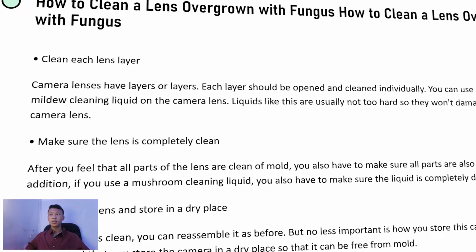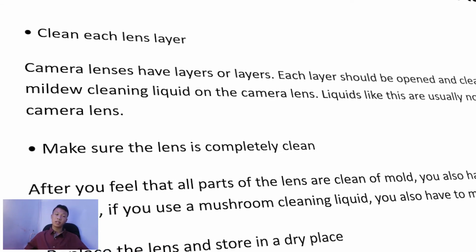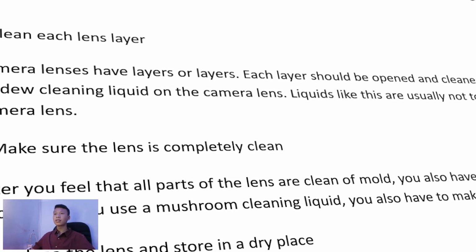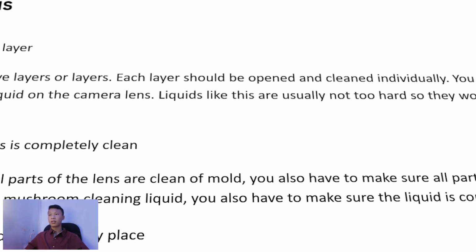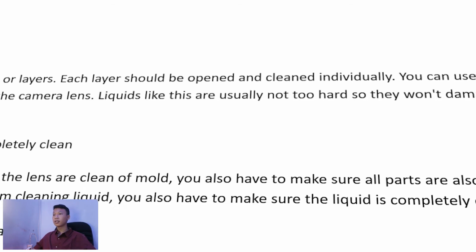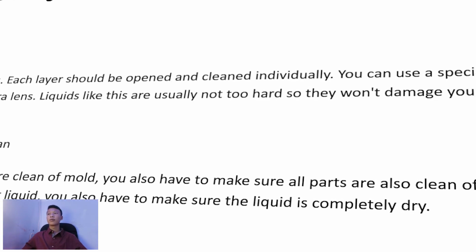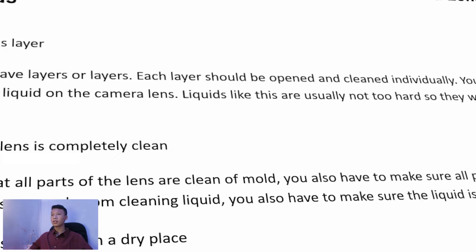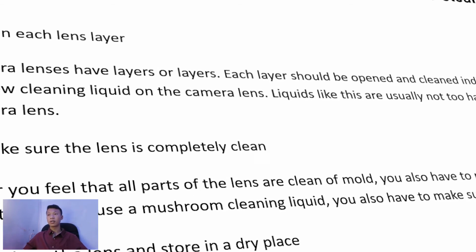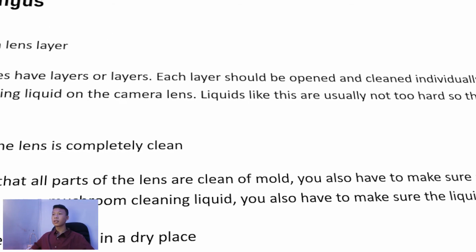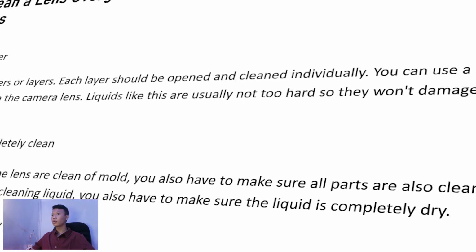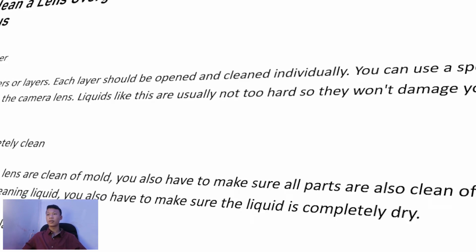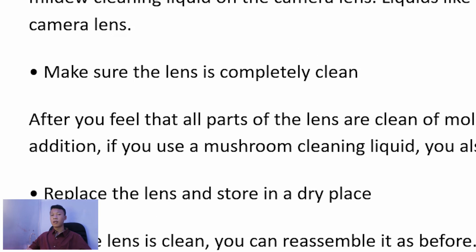Third, clean the lens layers. Camera lenses have layers. Each layer should be opened and cleaned individually. You can use a special mildew cleaning liquid on the camera lens. Liquids like this are usually not too harsh, so they won't damage your camera lens. Number 4.